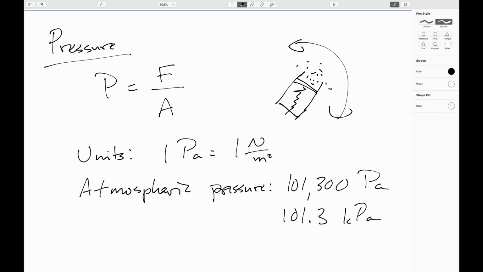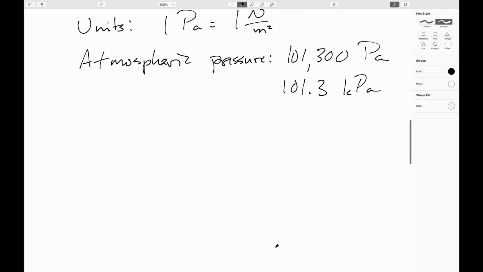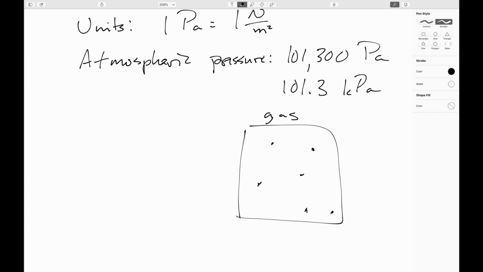When we were talking about gases earlier, we saw that the main cause of pressure in a gas was the fact that the molecules of the gas were moving around randomly and striking up against the walls of the container. And these collisions were exerting forces.